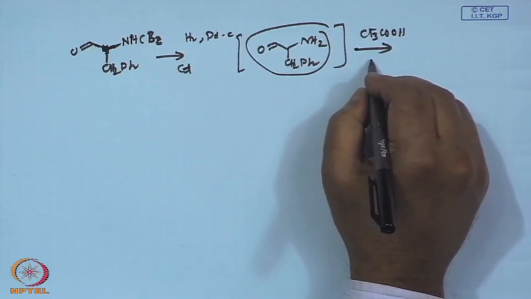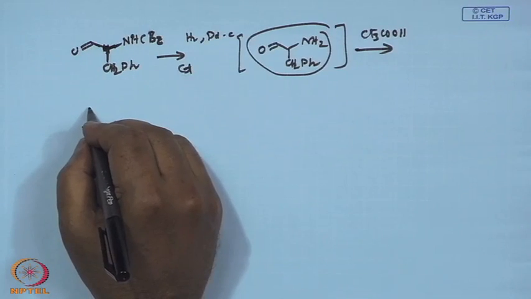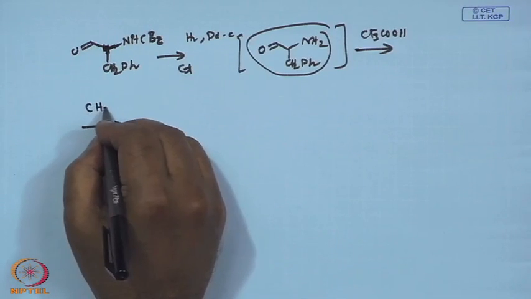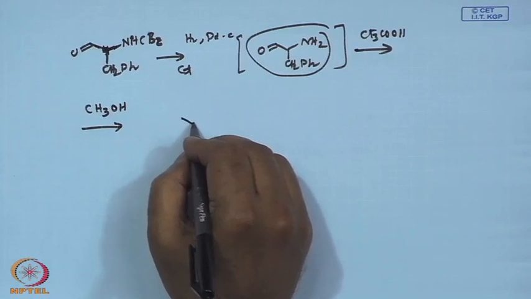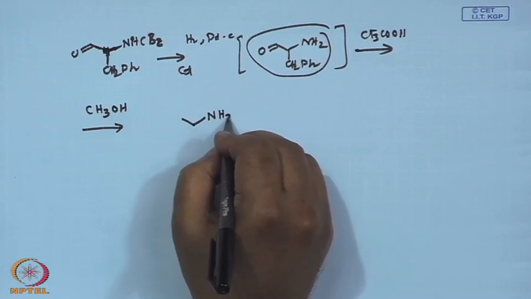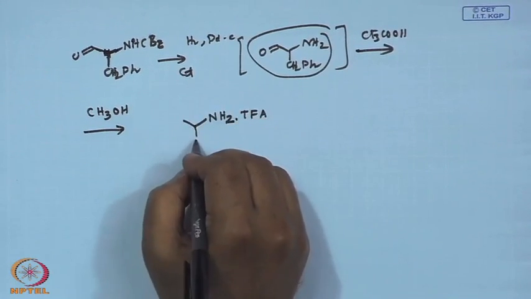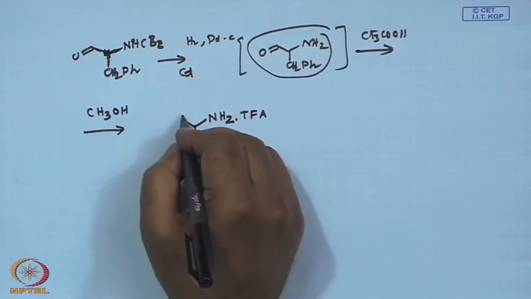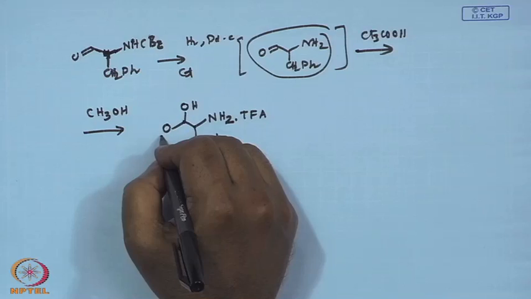So, what they did was, after this reduction, they treated it with methanol. The result is this NH2 and this trifluoroacetate salt, then this is the benzyl, and what you get is the hemiacetal.